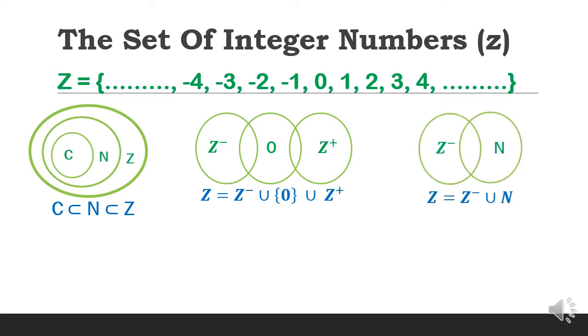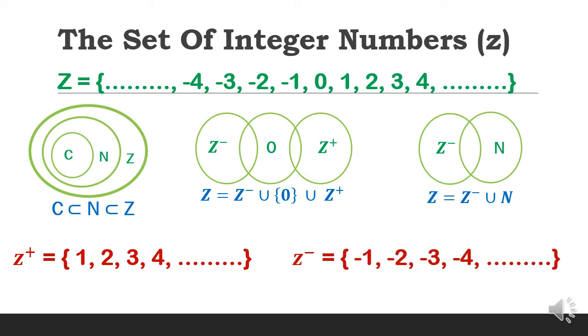We can say the set of integer numbers equals Z negative union natural numbers. Z positive starts with 1, 2, 3, 4, and so on, and it's the same set as counting numbers, but we now call it Z positive. Z negative starts with negative 1, negative 2, negative 3, and so on.